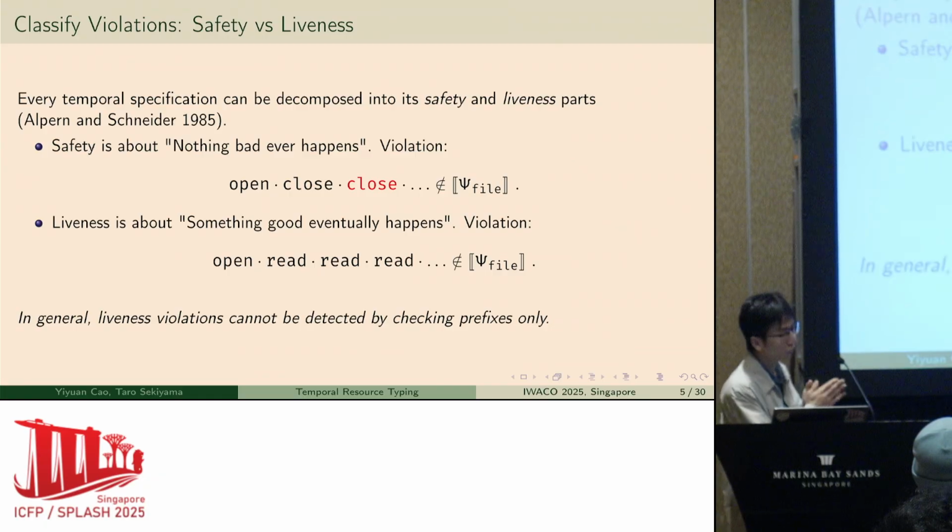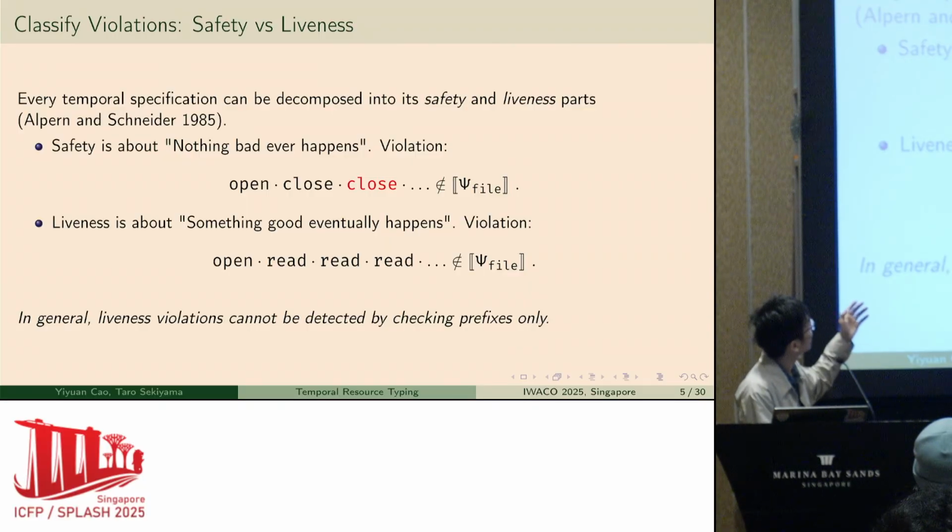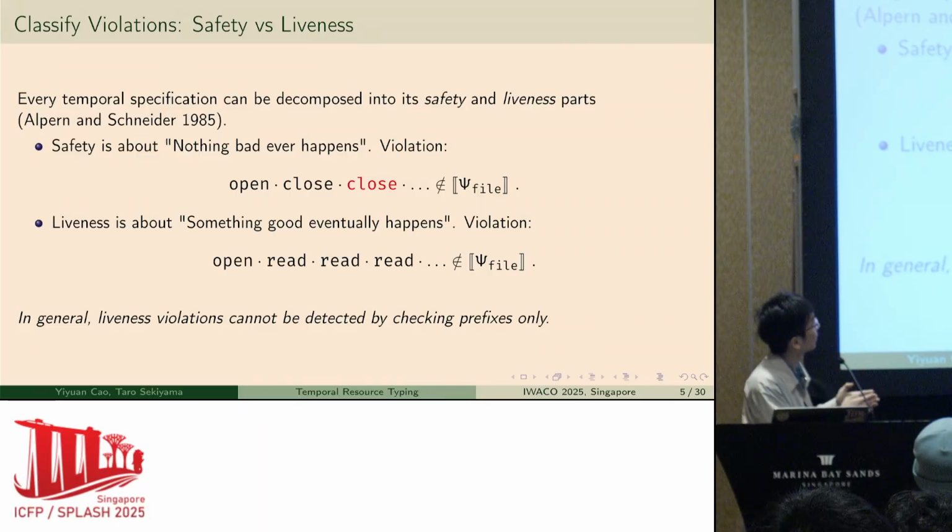Before presenting other invalid examples, I first want to introduce the notion of safety and liveness, because it appears in our title. Colloquially, we say safety is all about preventing bad things from happening, or nothing bad ever happens, and liveness is about eventually something good will happen.